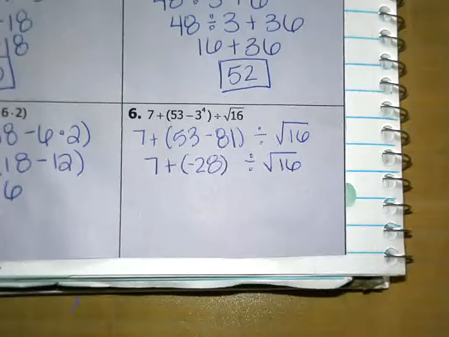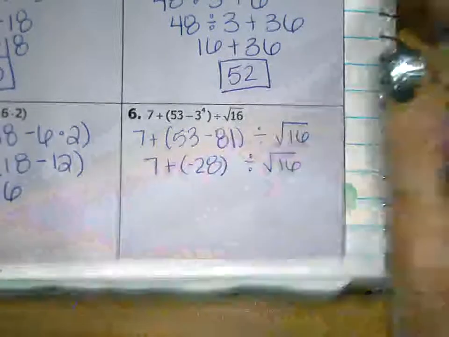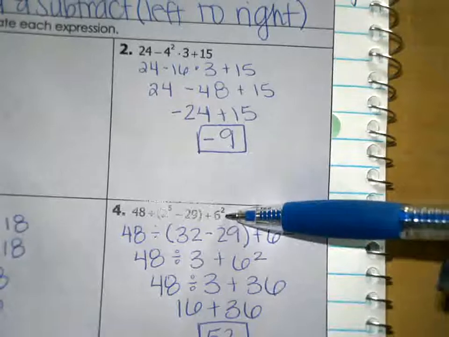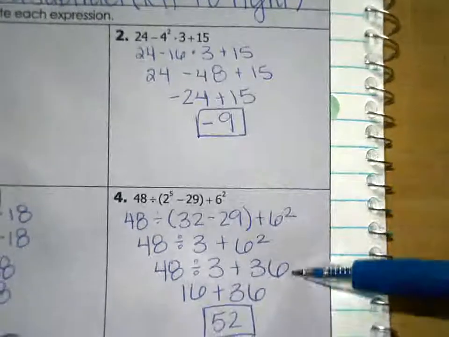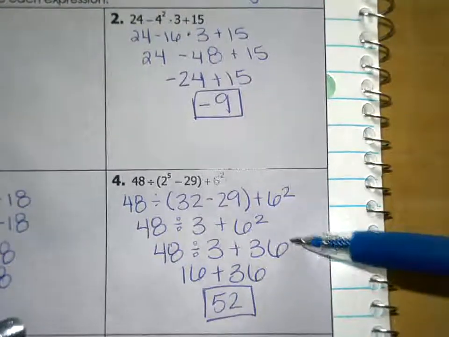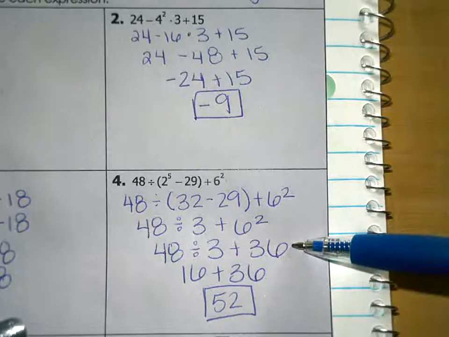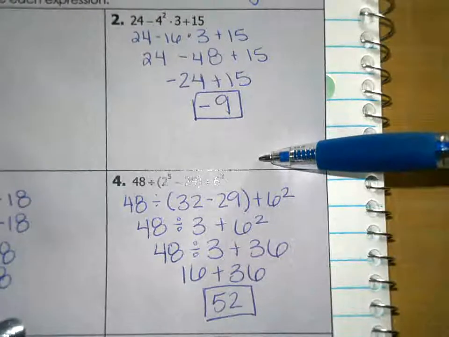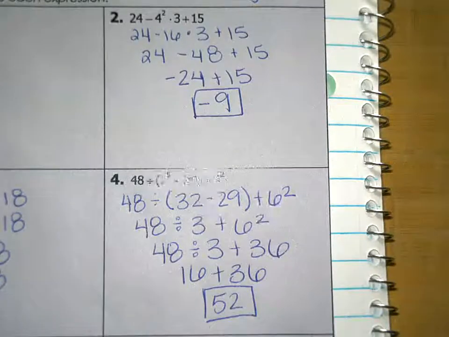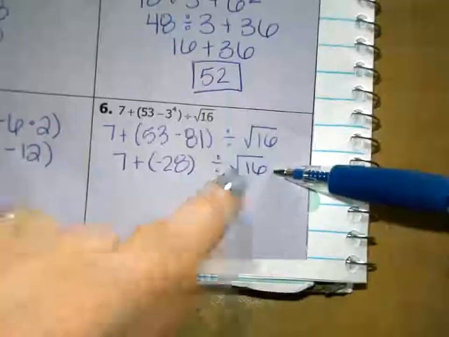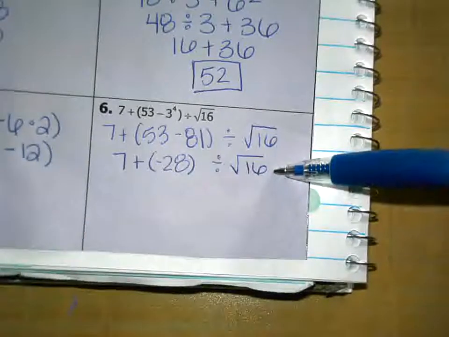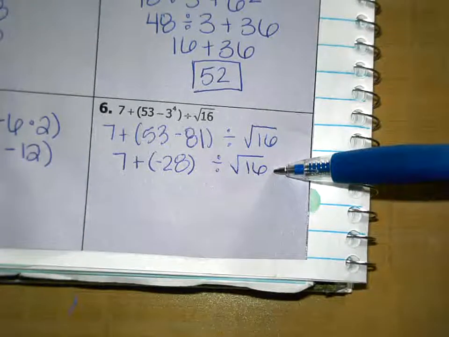So, square root of 16. Square roots are the opposite of squaring a number. So when we did 6 squared, 6 squared is what? 36. So if I asked you for the square root of 36, that would be 6. It's the opposite of it. It's what times what equals that number. So what times what equals 16? 4.